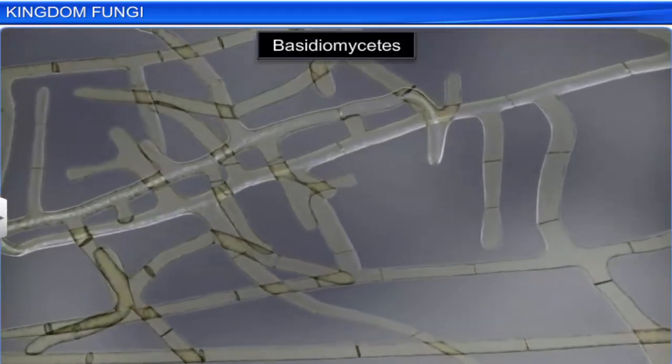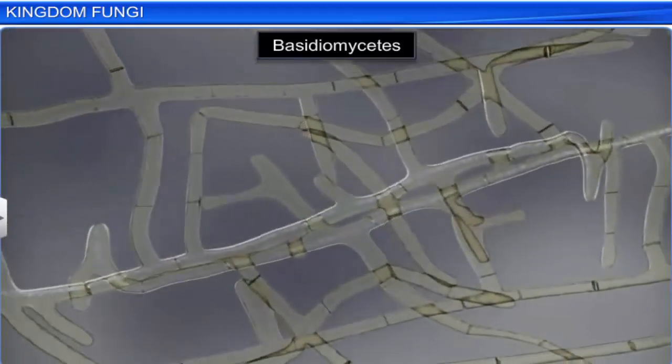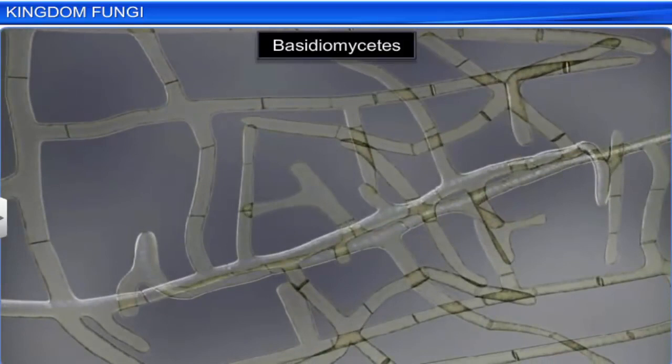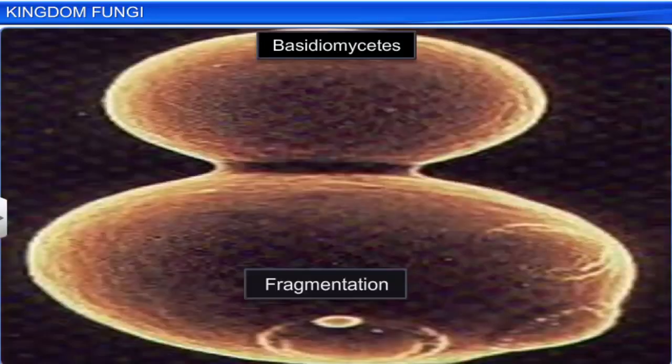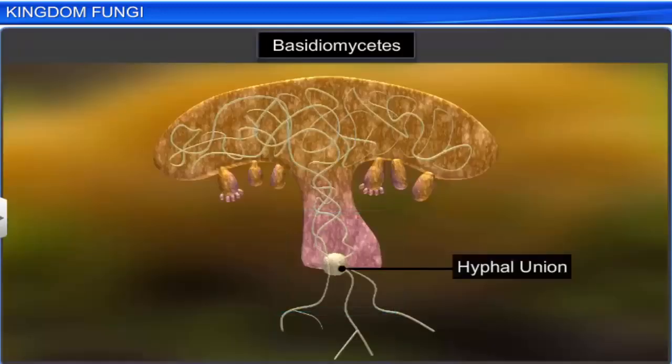Like ascomycetes, basidiomycetes too have branched and septate mycelium. Vegetative reproduction by fragmentation is a common form of reproduction among basidiomycetes. Sexual reproduction in basidiomycetes takes place even in the absence of sex organs.